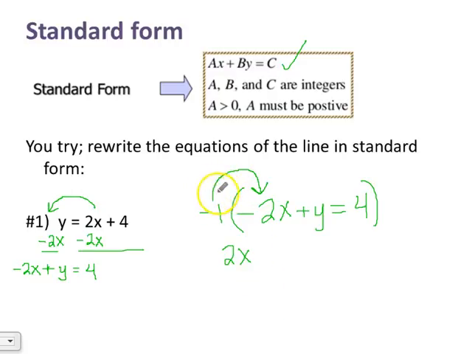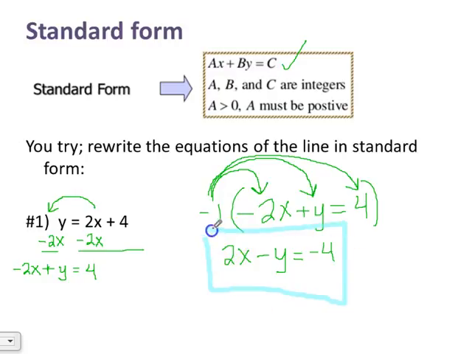But remember, whatever I do to one term, I have to do to every term in my equation. So I'm also going to take -1 and multiply it by y, so it just becomes a -y. And then I have to take -1 and multiply it by that final term. I have to multiply by every single term in the equation. So -1 times positive 4 is -4. And now my equation is properly written in standard form.